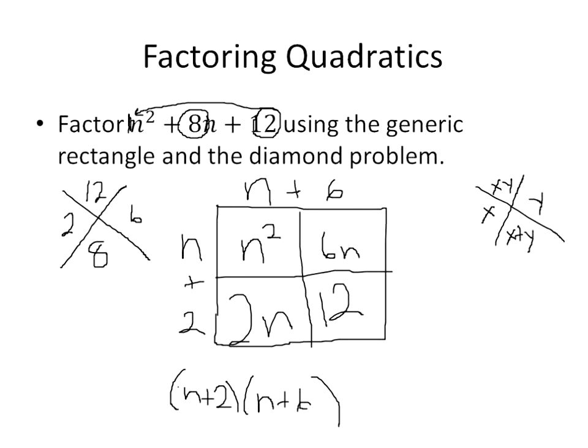So n plus 2 is a single number that is represented by 2 parts added together, but it's a single number times another number called n plus 6. So n plus 2 times n plus 6 are the factors of n squared plus 8n plus 12. Okay? So those of you that were here last week, is it starting to come back a little bit? A little bit? Okay?